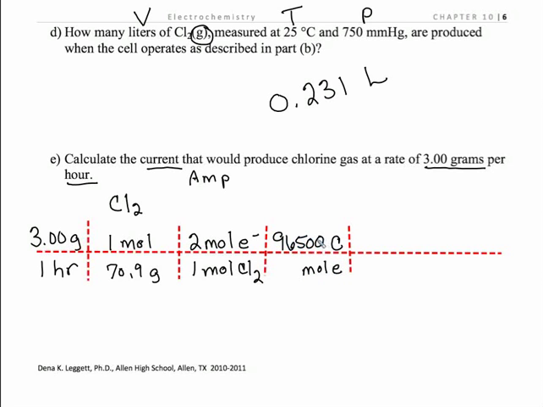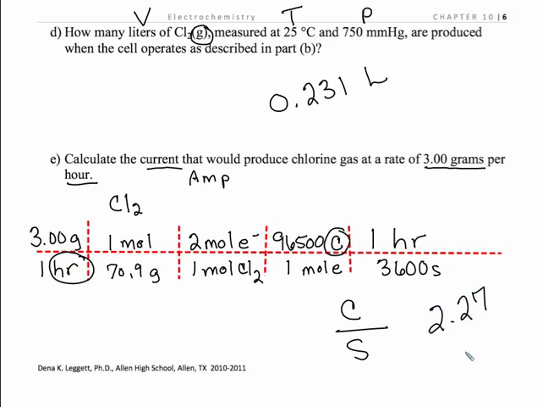And that's where we have our bridge between the world of chemistry and the world of electricity. Okay? Now, if I stopped my math, I'd have coulombs per hour, but that's not what an amp is. An amp is per second. So I have to convert 1 hour to 3,600 seconds. Now, you could have done that separately and then just divided by the number of coulombs. Either way, you should get 2.27 amps or coulombs per second.